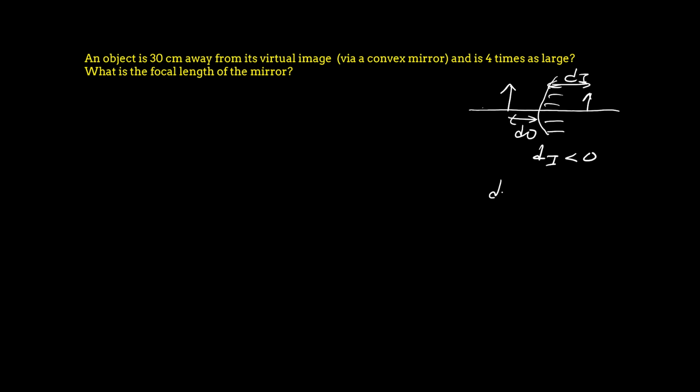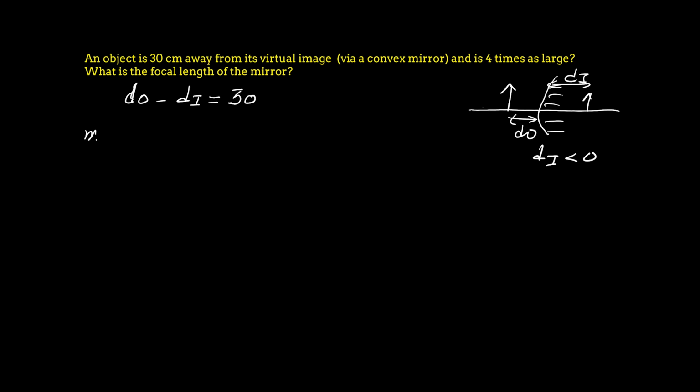So if DO is 10 and DI is negative 20, how would we get the 30? We'll say 10 minus negative 20 will give me the 30, distance between them, right? So basically, because DI is going to come out negative, DO minus DI is 30.